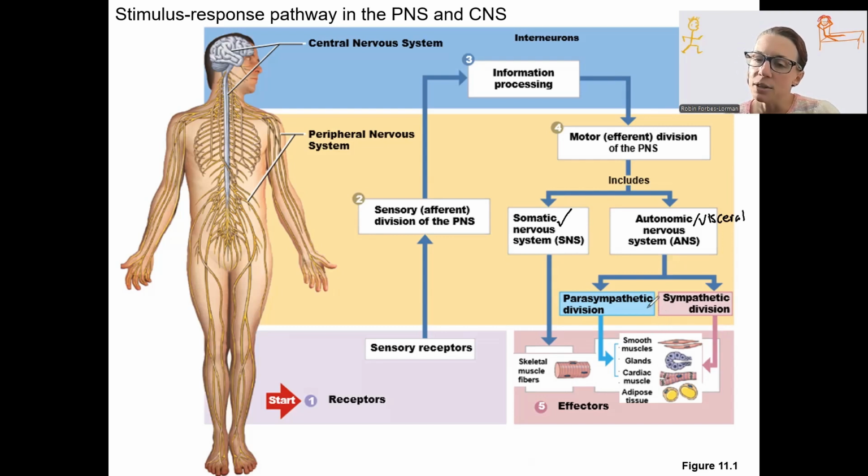It is divided into parasympathetic and sympathetic divisions. So that's what this week will be focused on. Again, do note there is a visceral or autonomic sensory division that we will touch upon when we get to reflexes as well. But we'll focus on the motor component.